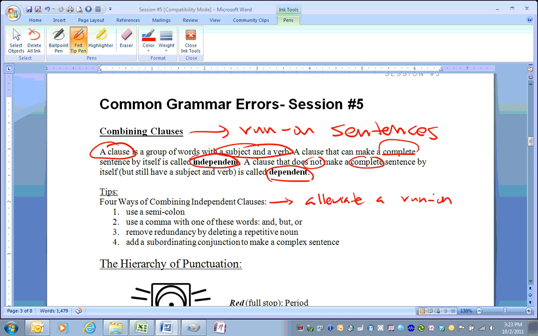Here are some things you can do, because they'll typically put these with improving sentence questions, where they give you a sentence that has a run-on, and you have to fix it. Using a semicolon could be a good idea. A semicolon, by the way, is like a period.